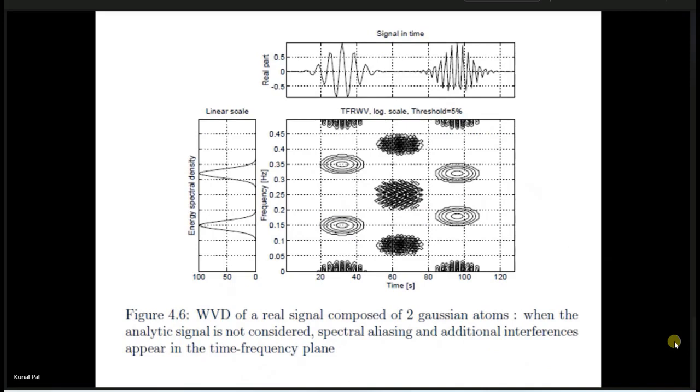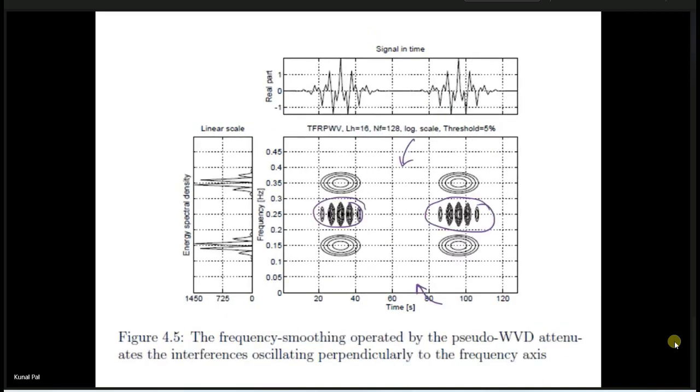Now, initially we talked about these analytic signals. In whatever signal analysis we have talked about over here, in all these cases we have used the analytic signal for time frequency analysis.